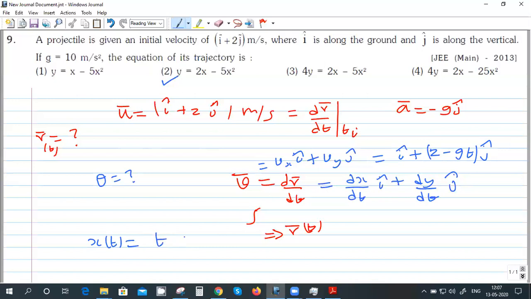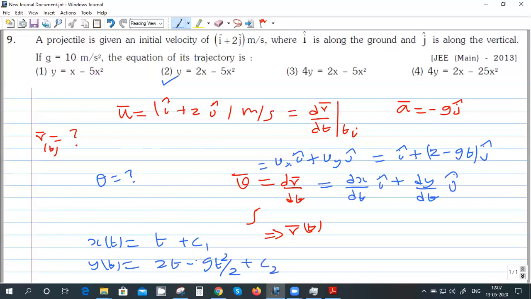It is t plus c1. And similarly y of t, I'll get it as 2t minus gt square by 2 plus c2. Let me call it c1.